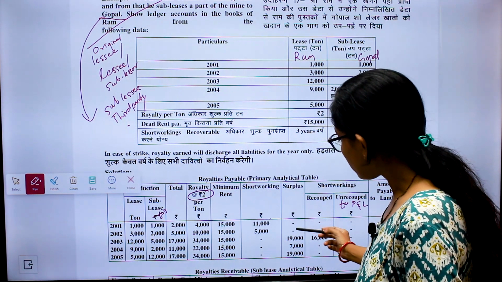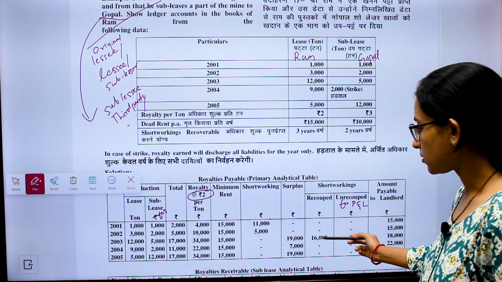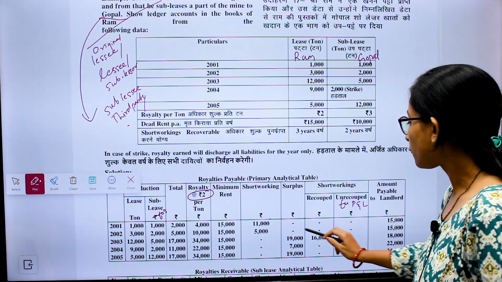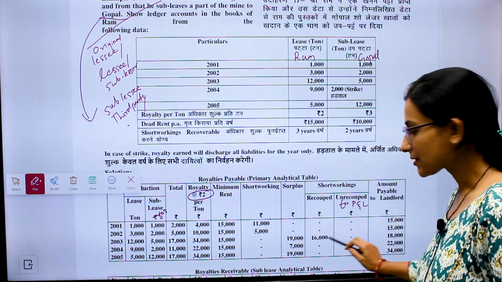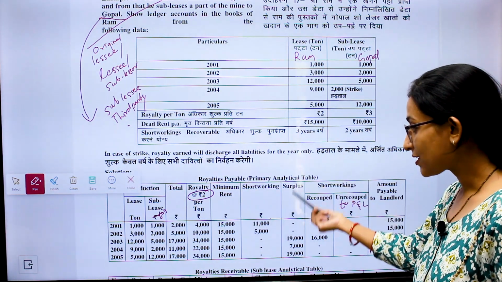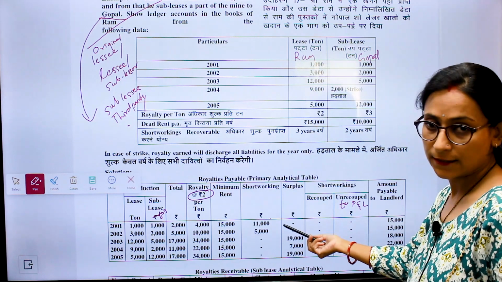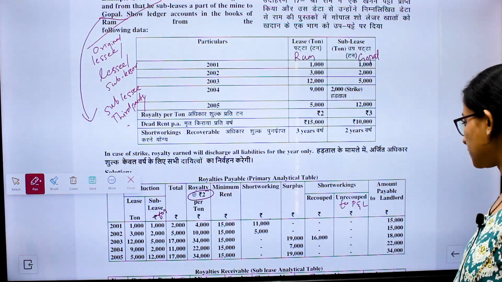So 16,000 will be used for the recoupment purpose. So in the third year, from this excess 19,000 rupees, we are recouping only 16,000, because this much amount of short working has been incurred in the first as well as second year. If we add this, we will get 16,000. So we have recouped this much amount in the third year.